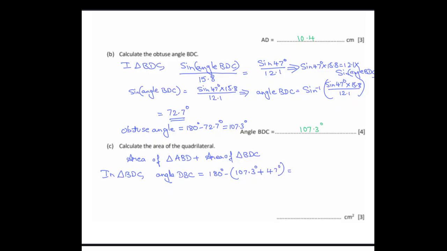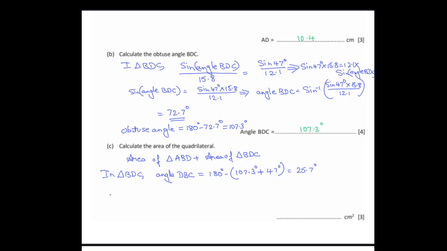Find out the third angle there. 180 minus 107.3 plus 47. This is the angle sum property of triangles. You have to use that and find out. So this is 25.7 degrees. Now we know that third angle.